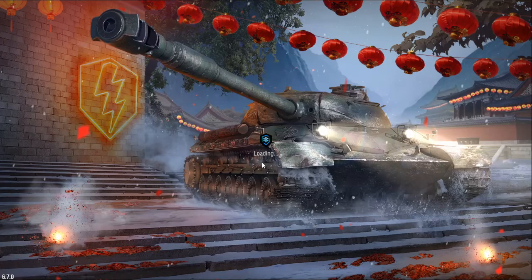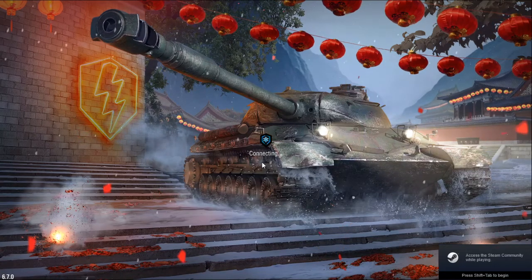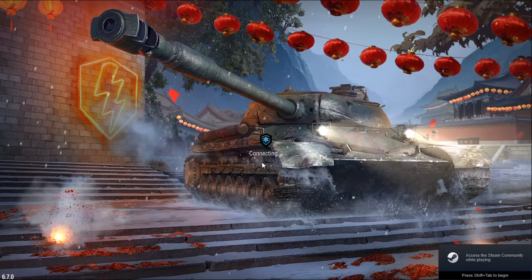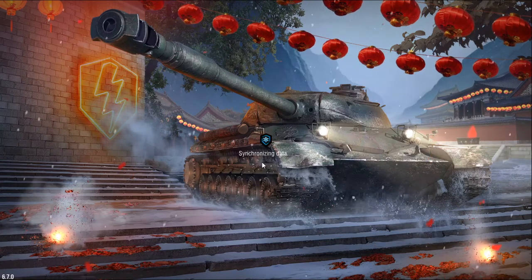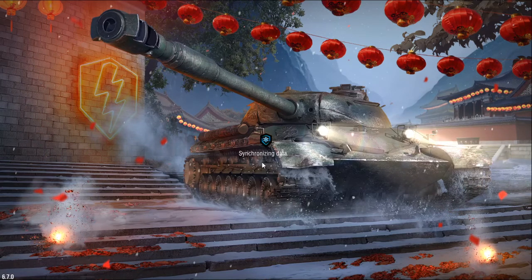Run a couple games, see if it would work. Only have this much RAM on this. So that's why I am with these stickers and stuff.